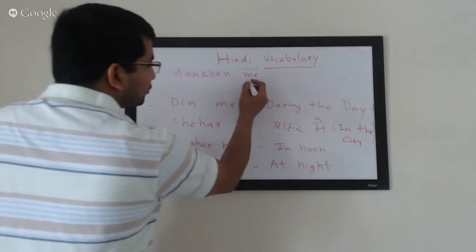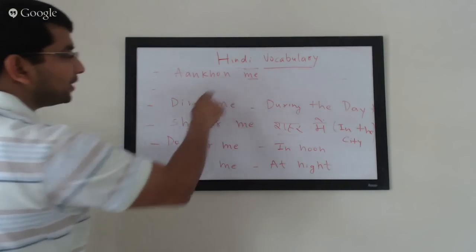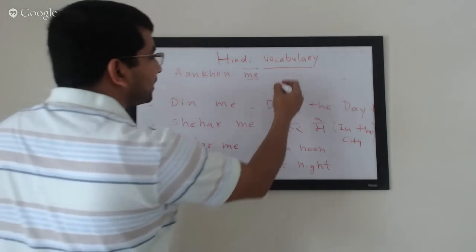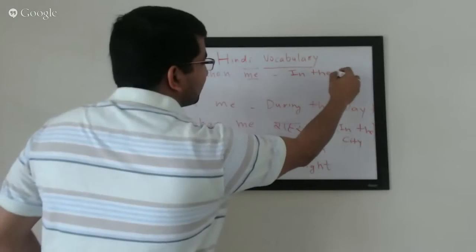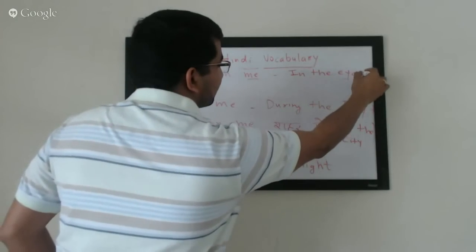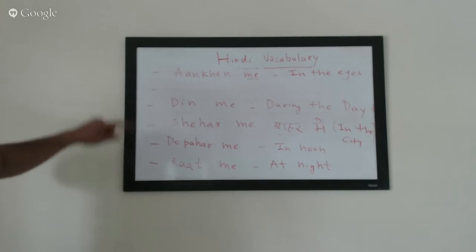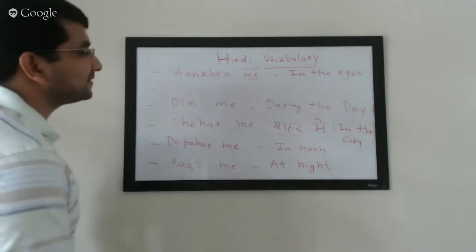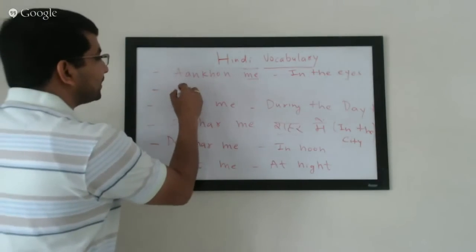However, when you're using the postposition, aankhein becomes aankhon. We use the oblique case here, right? So that's when you say aankhon mein, right? In the eyes. In the eyes. And again, if you go back to the song, you will see that they're using this aankhon mein as well, in the eyes. And the last one which I have is galiyon mein.